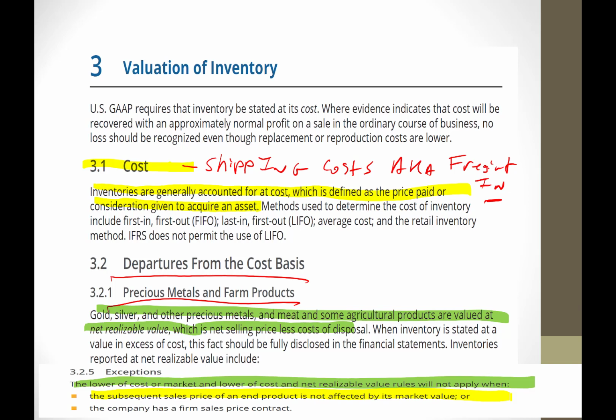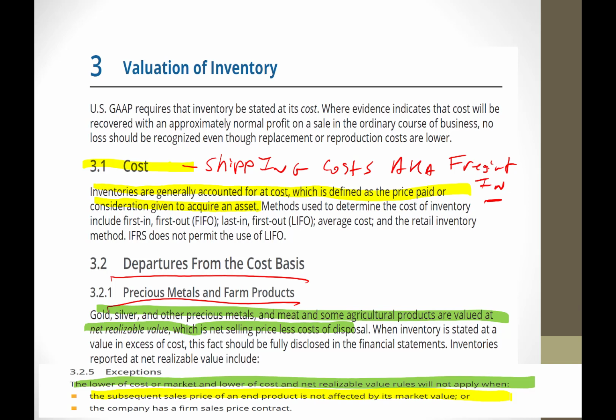But I know I'm going to take that steel and build Teslas out of it. And the price of Tesla is going up, and there's more demand for them. I don't have to write that steel down to the lower market because my ultimate product is not being affected by that drop in the steel prices.